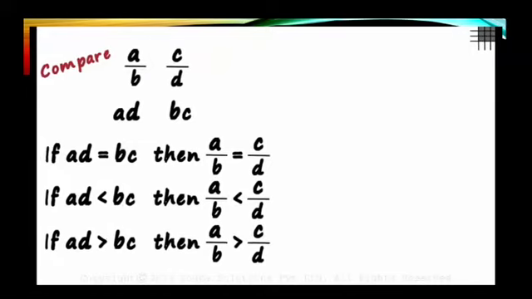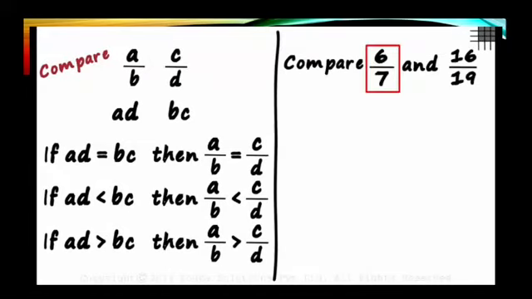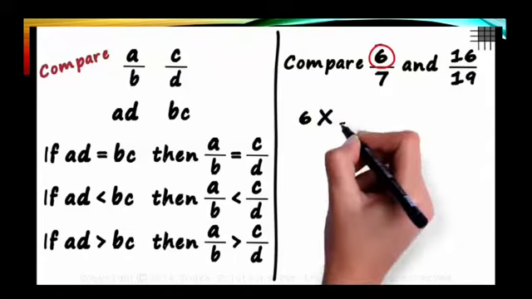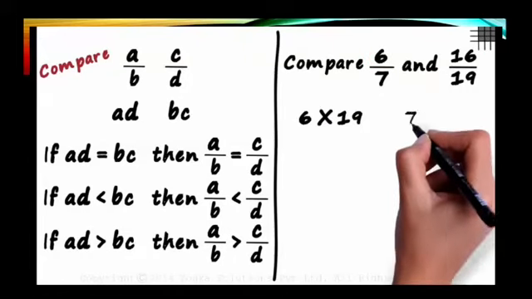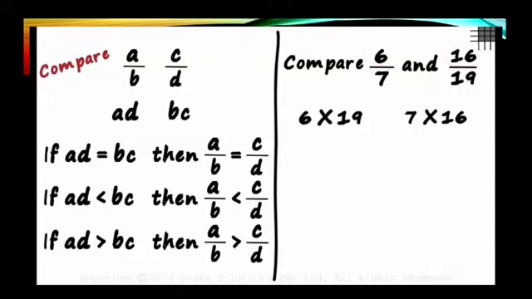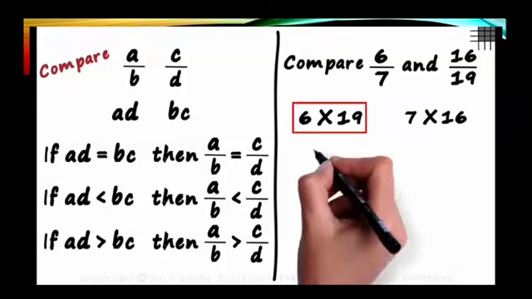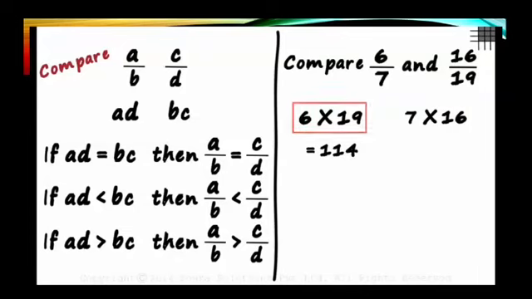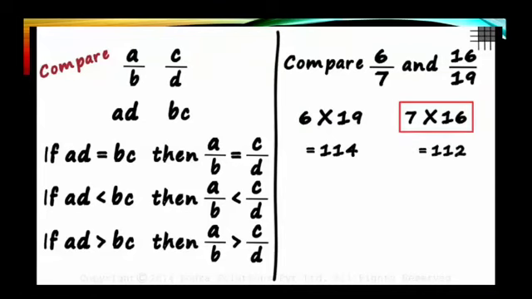So let's say we have to compare 6 by 7 with 16 by 19. Instead of trying to make the denominator same, all we really need to do is compare the product of 6 and 19 with the product of 7 and 16. 6 times 19 gives us 114 and 7 times 16 gives us 112.